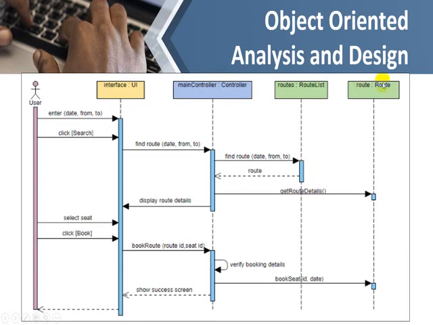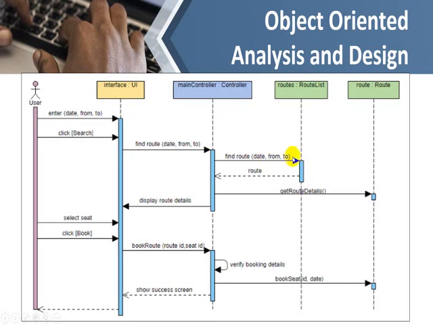So now what happens? A customer or user enters the date, the destination, and from where he wants to travel, into the user interface of the software. Then he clicks the search button. This message goes to the main controller. So now here the system takes this value and it searches and sends that to the route list.